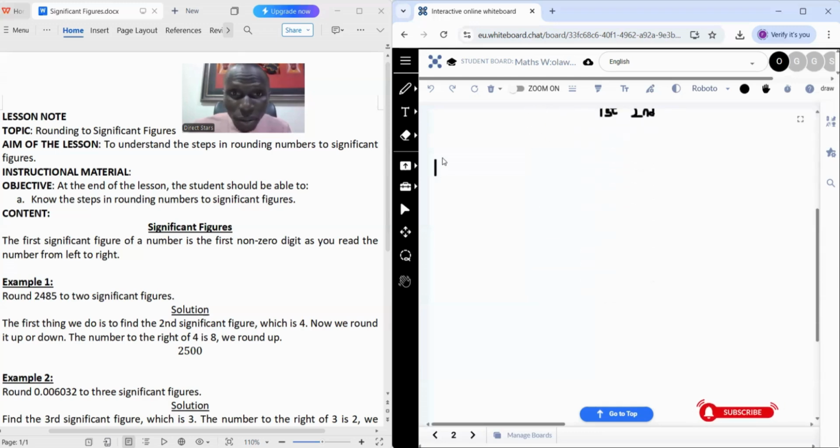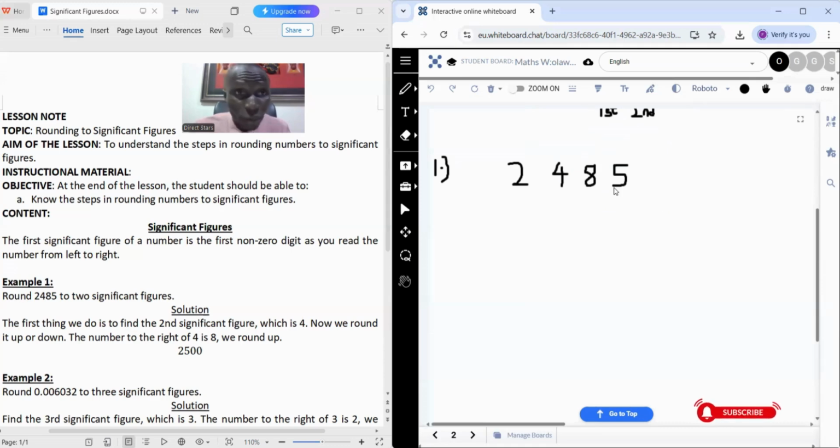Example 1. Here we're asked to round 2,485 to 2 significant figures. Now, what's the first thing that we're going to do here? The first thing that we'll do is to find the second significant figure.